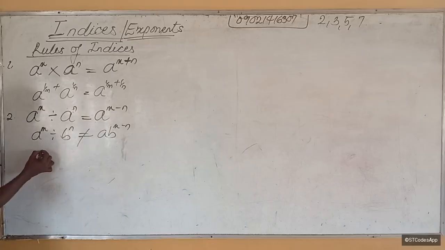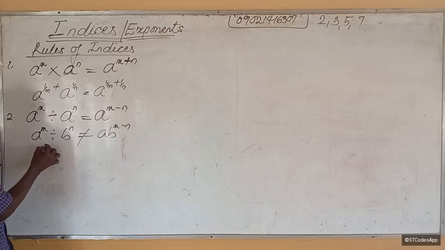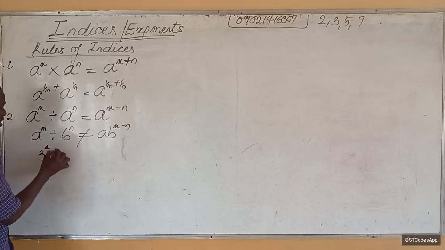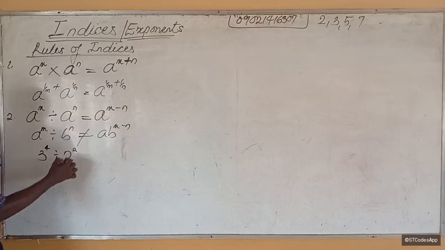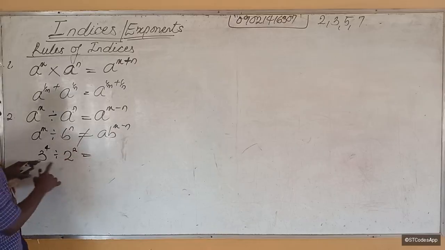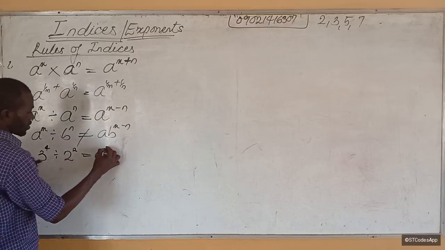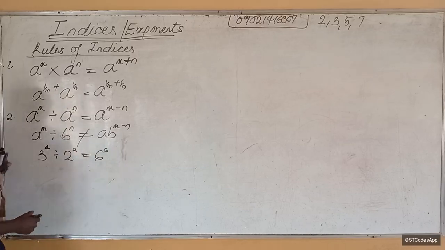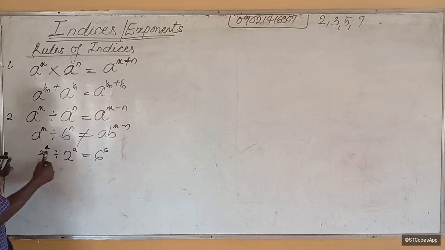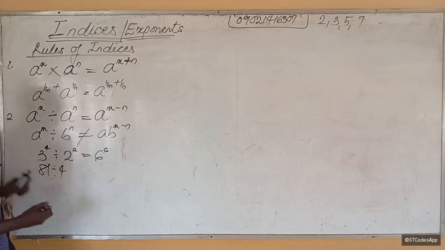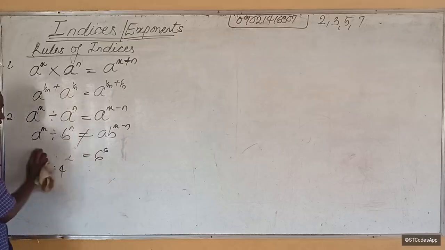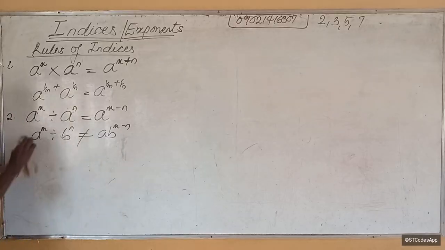For example, if I say 3 raised to power 4 divided by 2 raised to power 2, if it were equal to this, then it would be equal to 3 times 2, 6 raised to power 6, and that is not the case. Because this one is 81 divided by 4. So you see they are not alike, right? So that is what I am talking about. So that's the division rule for you.